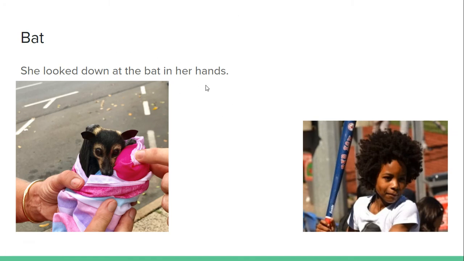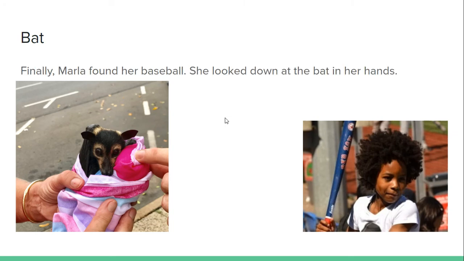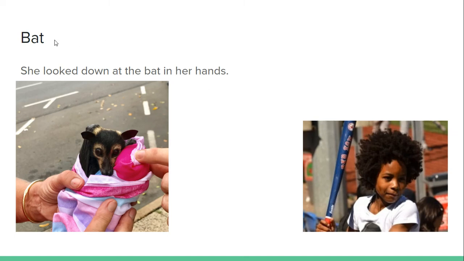So am I only going to look at this sentence to try and figure out what bat means here? No, I need to read the sentence before, the sentence after, the whole paragraph, see what's going on. Maybe this is the question in the STAR test and it says, what does the word bat mean in this sentence? She looked down at the bat in her hands.